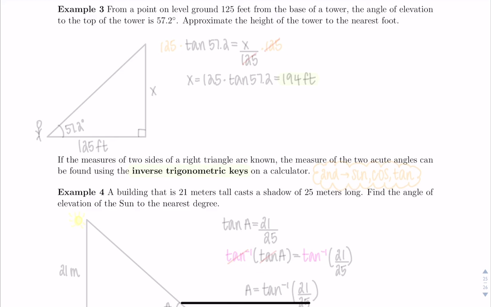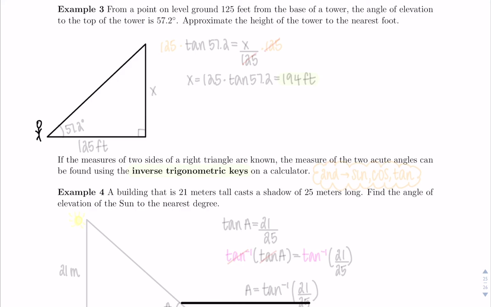So with these, I always think it helps to draw a picture. So we're on horizontal ground, and it's going to be a right triangle. And an angle of elevation means that you are looking up. So you can just pretend you're sitting down here and you're looking up.